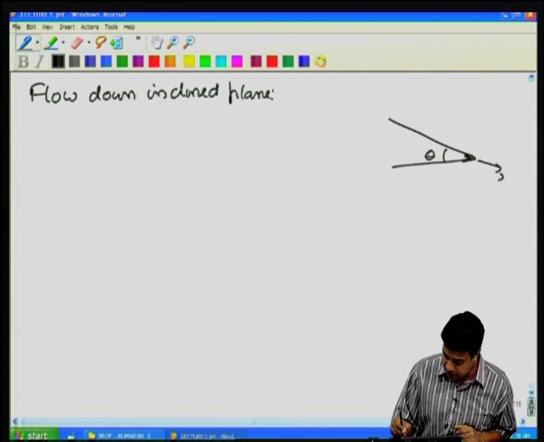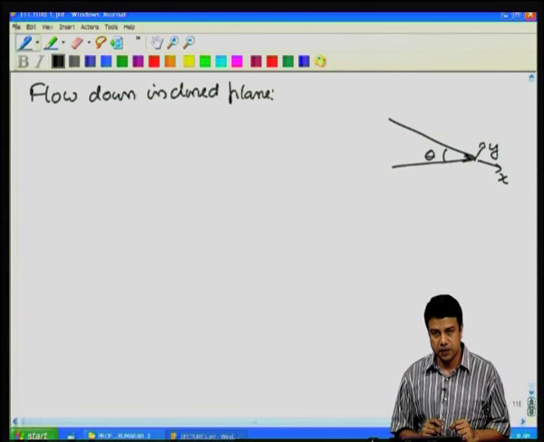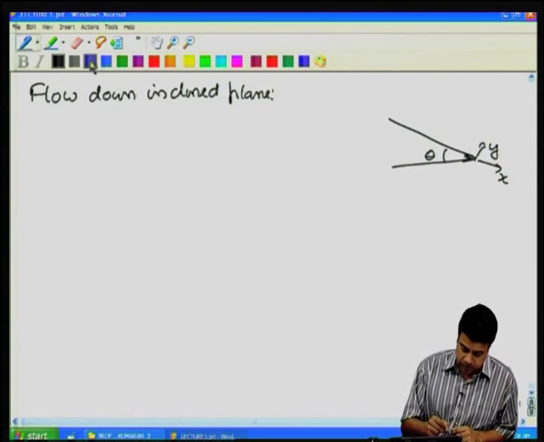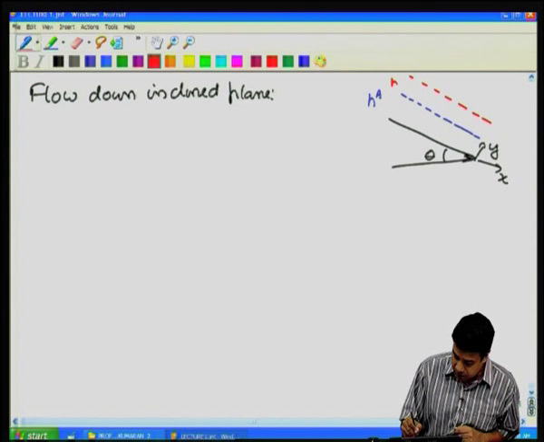This is x, this is y. I have two liquids A and B that are flowing down the inclined plane. So, I have liquid A with height h A, and I have a second liquid B of height h.